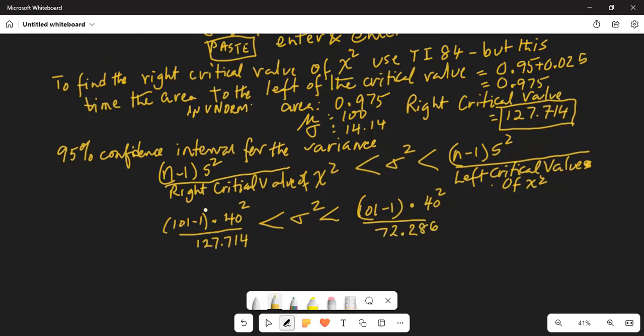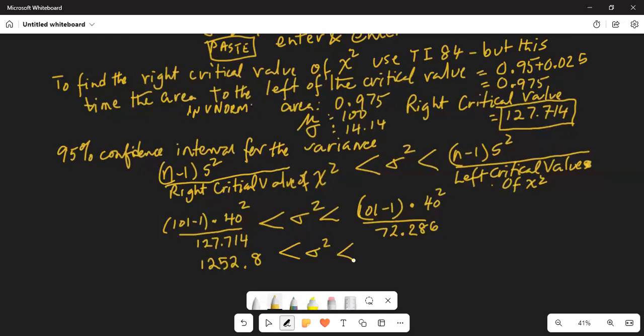Okay, so we will use our calculator to do this calculation. 101 minus 1 in parentheses is 100, multiplied by 40, then you have to press the x squared button to square 40, and that divided by 127.714. And that gives me 1252.8, you might say, for sigma squared.